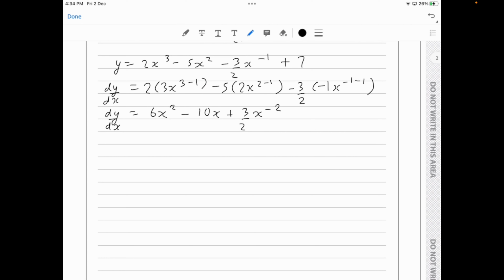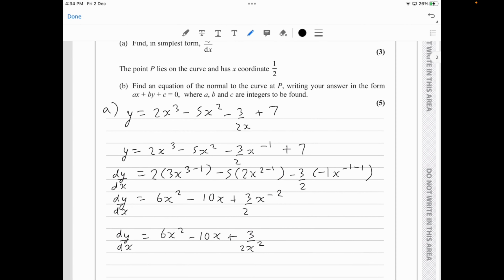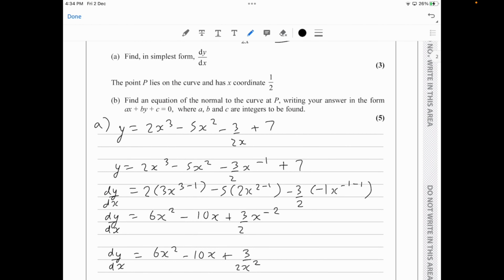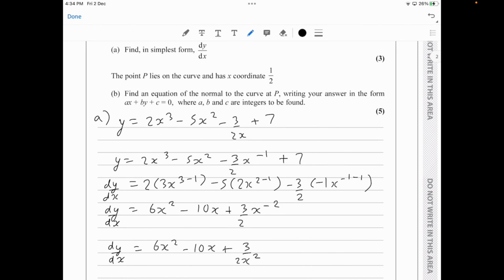Now we can simplify this back, so we can write dy over dx is equivalent to 6x squared minus 10x plus 3 divided by 2x^2. We just put this x raised to the power negative 2 at the bottom so that we have a nice simplified expression. Alright, so this seems a good amount of working.